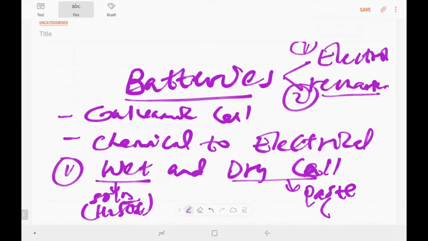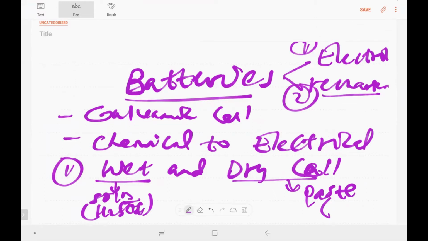But if they are use and throw, for example, the common dry cell battery, zinc carbon cell or Leclanché cell, it is an example of primary. Why is it primary? Because once the chemical reaction inside the cell has completed, it cannot deliver energy. It cannot recharge again and again.